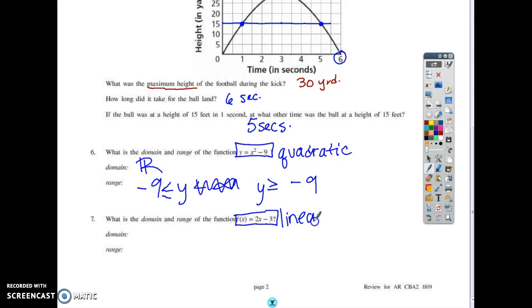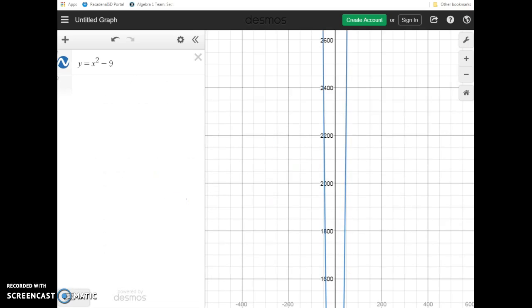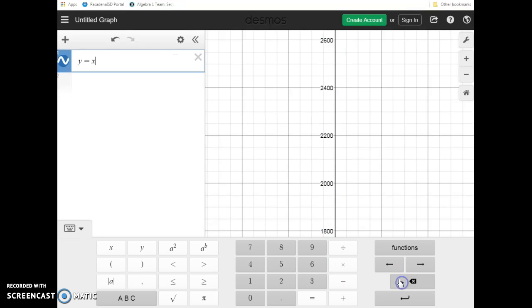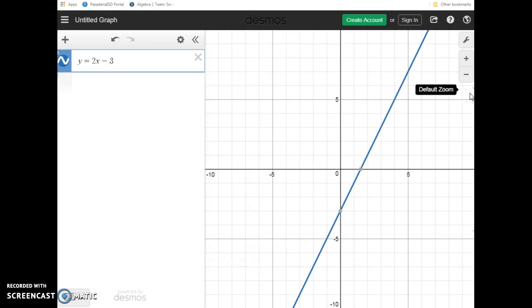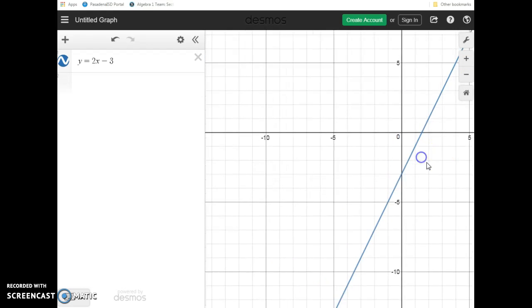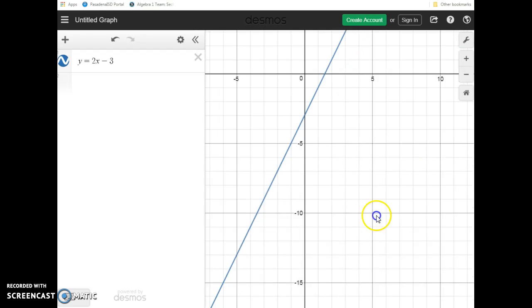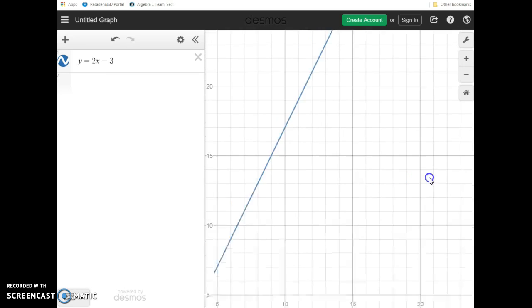When you graph this in Desmos, what was your domain? Okay, let's look at it this way. Did it stop going left ever? No. Is it going to stop going right ever? No. Okay? All real numbers.